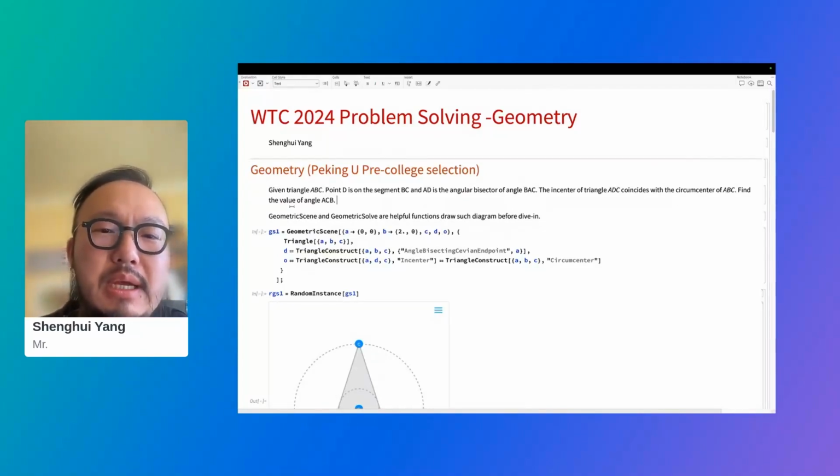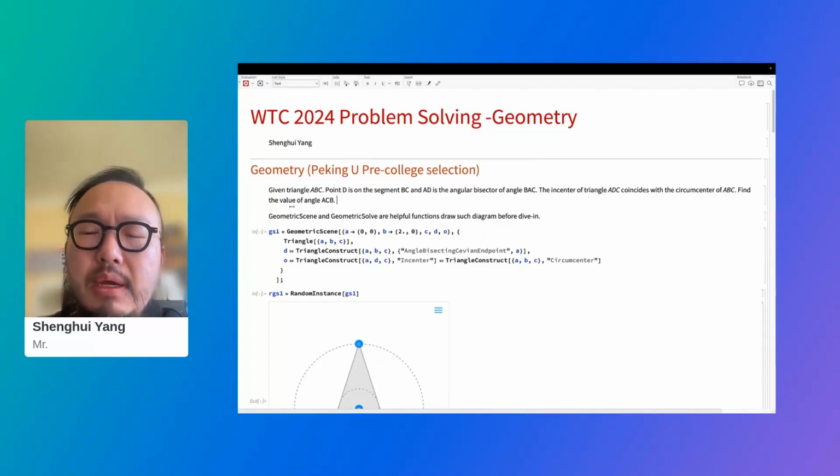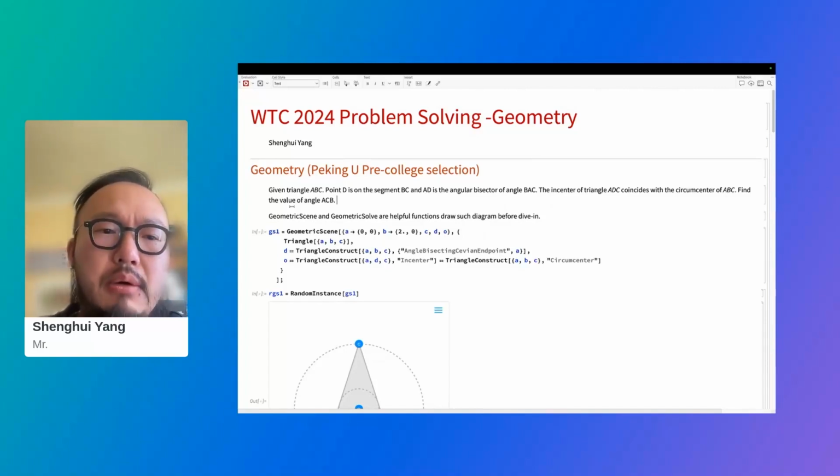I think this problem is very hard if you want to just draw with a compass and a straight edge, or with something like GeoGebra, because some of the constraints are quite implicit. It's easy to draw triangle ABC, and it's easy to draw an angular bisector for some angle.